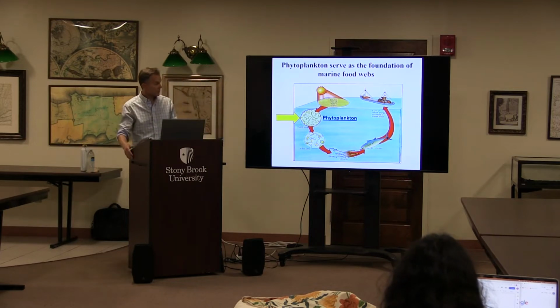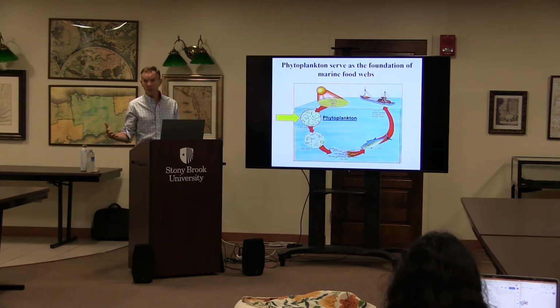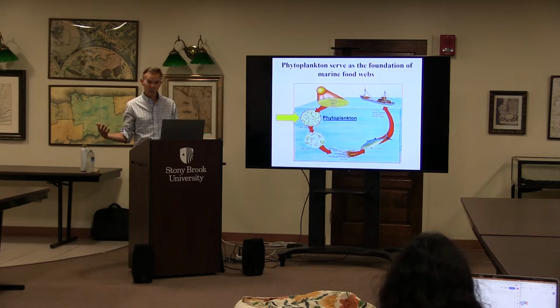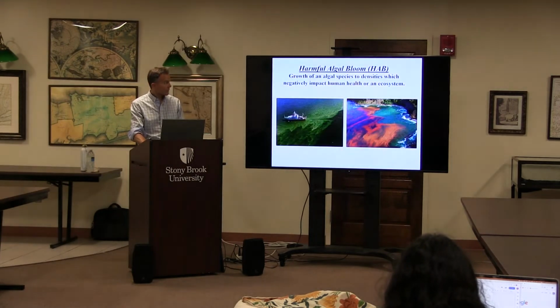They're driving the food chain, and they're actually helping to mitigate climate change. One third of the CO2 that mankind has produced has gone into the ocean, in large part because of the photosynthetic activity of phytoplankton. So they play a really important role in affecting life on Earth.